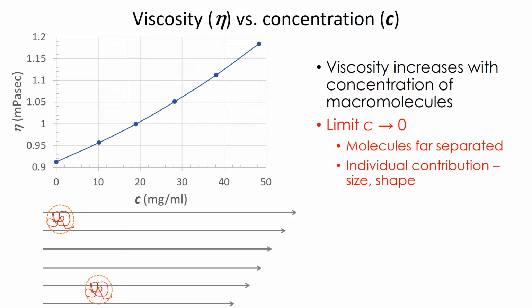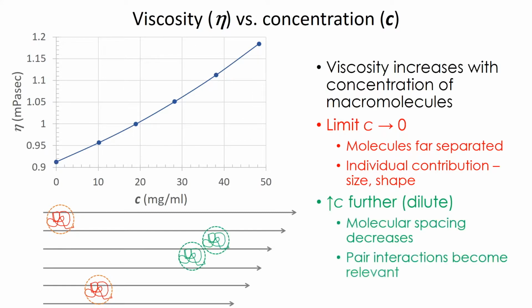As we go higher in concentration, but still dilute, the molecular spacing on average is going to decrease because there are so many more of them, and they're going to see neighboring molecules. And so now how these molecules interact with each other is going to become important, and it's going to contribute to the viscosity as a function of concentration.